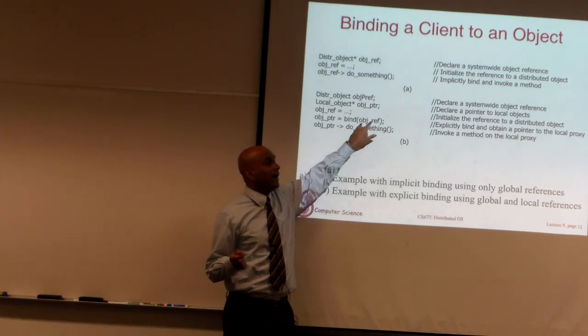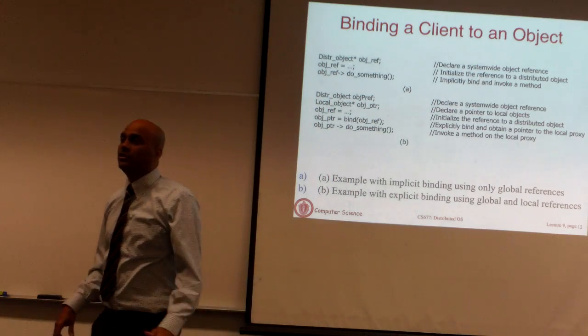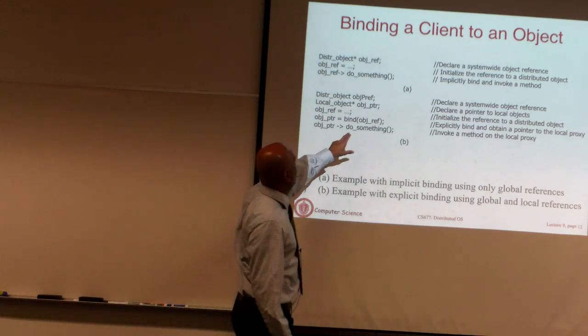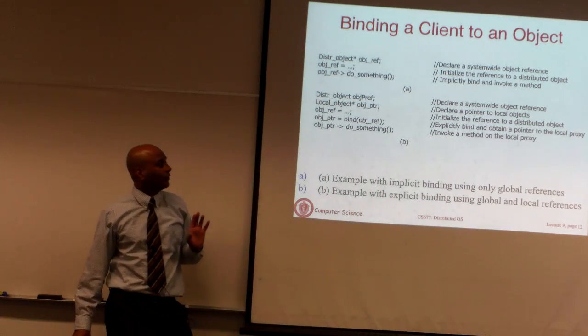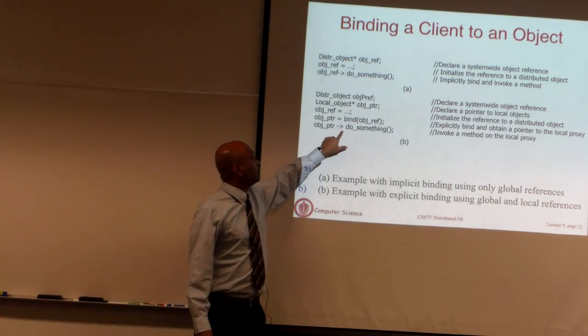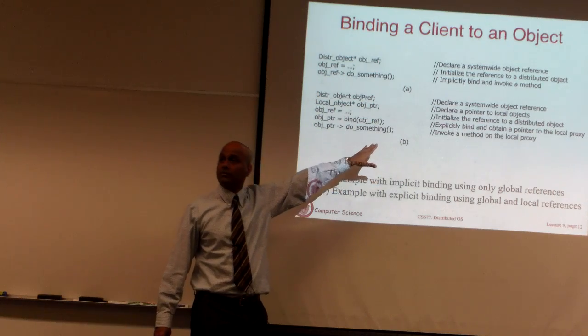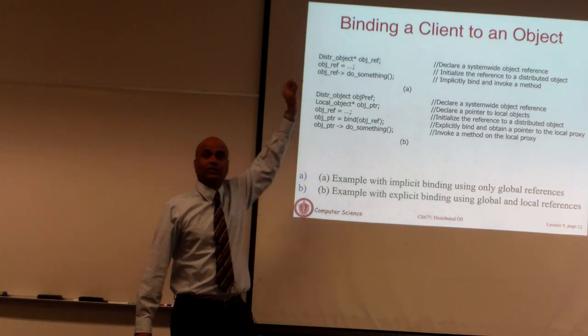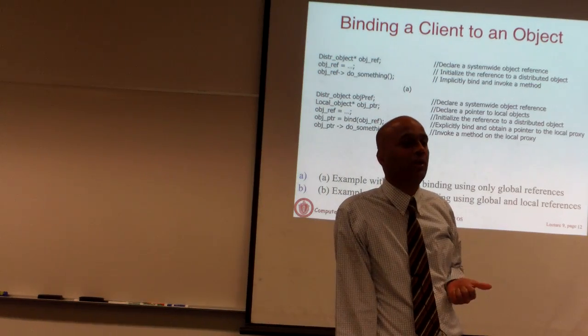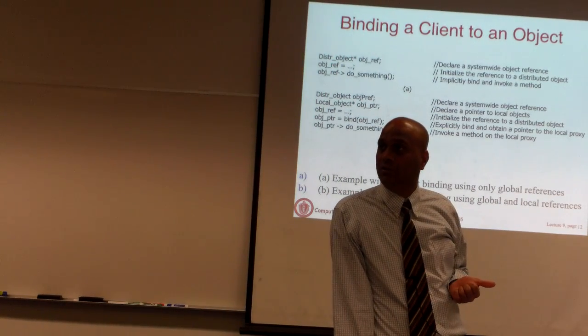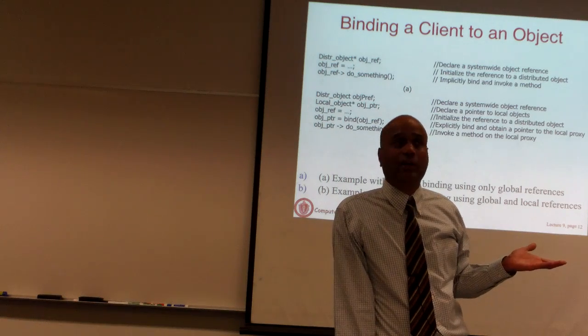So you are going to say, I am going to call some methods on this object ref, go find it and give me a handle to it, and then you are going to do object pointer dot method. In either of those two cases, when you do binding, you are going to look up the name service, figure out where the server runs, and then connect to the right socket.